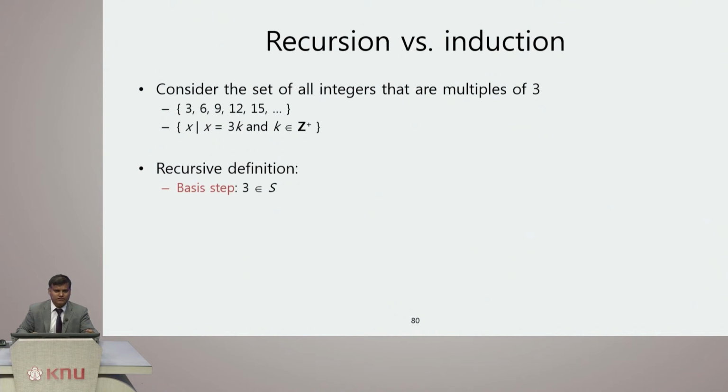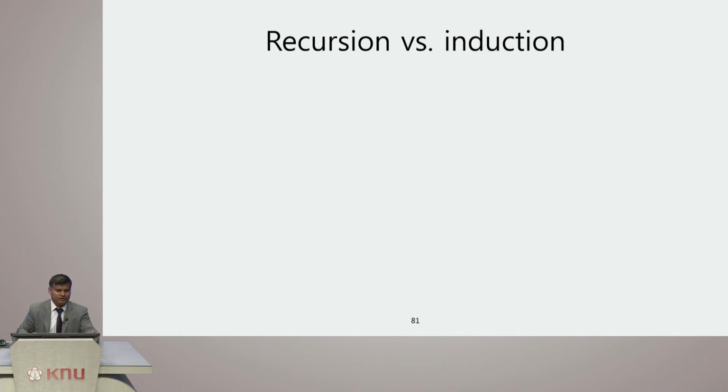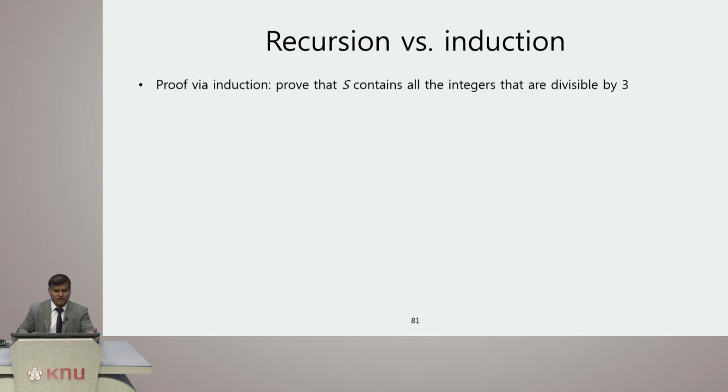By recursive definition, the basis step that you have here is 3 is an element of S, and the recursive step is if x is an element of S and y is an element of S, then x plus y is an element of S. So that's one example that we have seen.